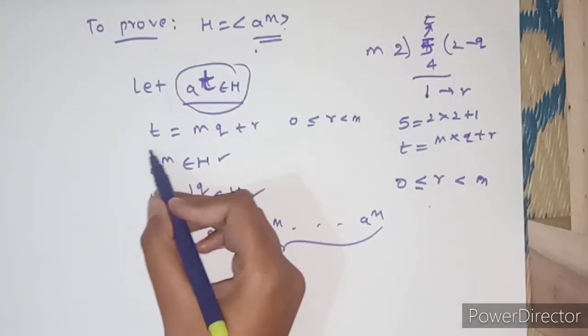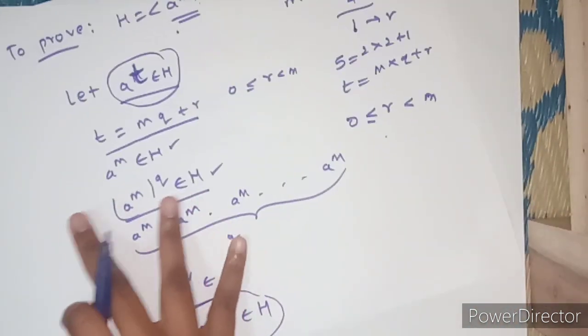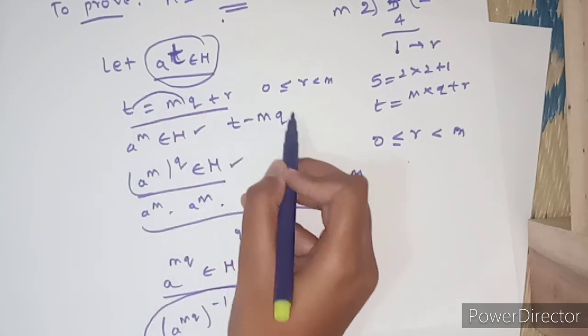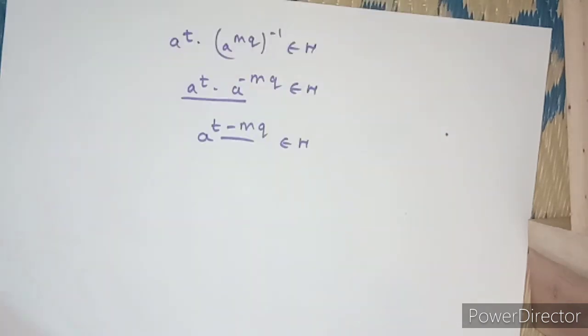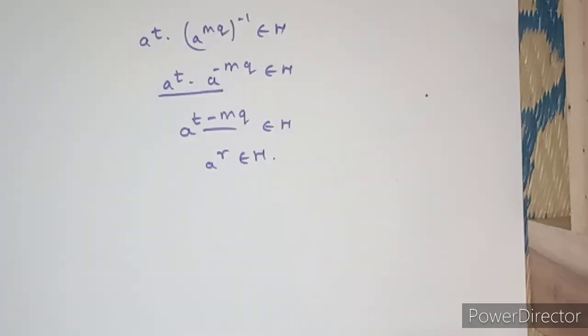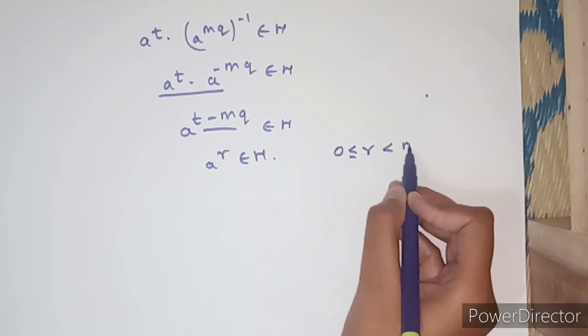Here t is equal to mq plus r, and we need t minus mq. If I shift this mq to the left hand side, t minus mq will be equal to r, right? So a^r belongs to H. The condition for r is r is greater than or equal to 0 and r is less than m, right?